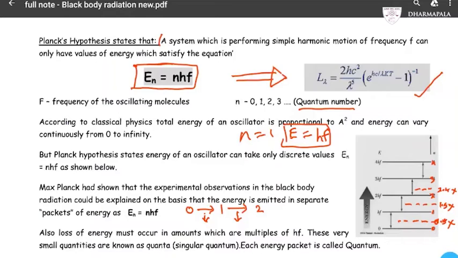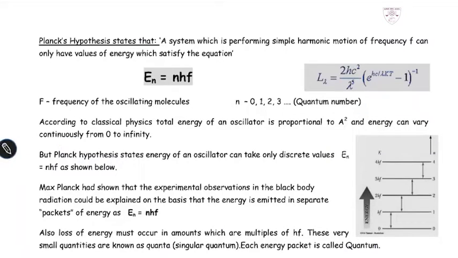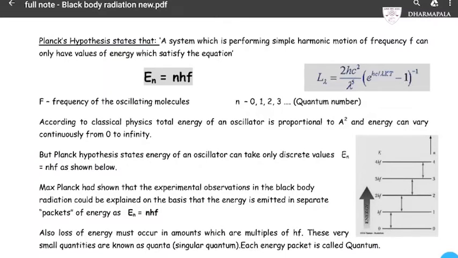When these atoms go to the higher energy levels, they need to absorb energy as radiation. For example, if you take a certain atom at this point, if it wants to go to the next energy level, a certain energy should be absorbed as radiation.